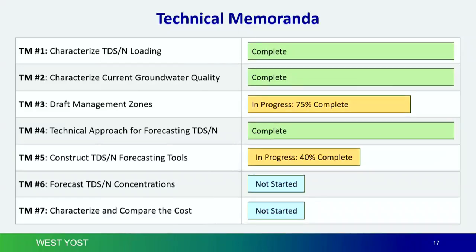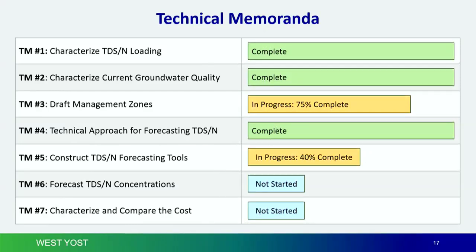So we first went through a process of describing how we're going to do it and getting technical buy-in from the TAC and the regional board on how we're going to go about doing this computer simulation modeling before we actually implement and do it, which is task 5, which is constructing those forecasting tools and testing them out, and then running them off into the future to predict the future of water quality in the valley.